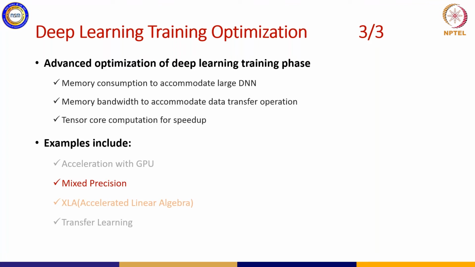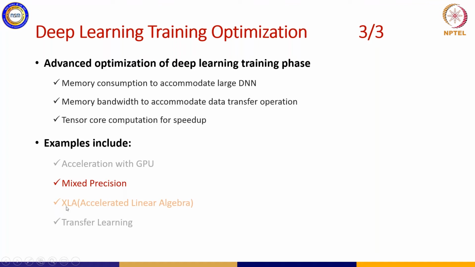So how do you make use of advanced optimization that can give you all these attributes? An example is to use GPU. You accelerate with GPU. That's one level of advanced optimization, and another one is mixed precision, which we are going to focus on today.